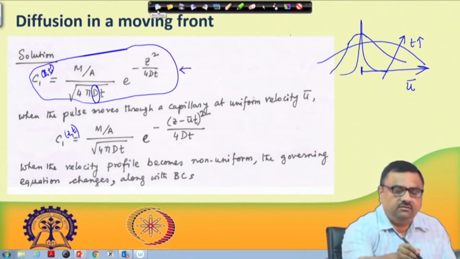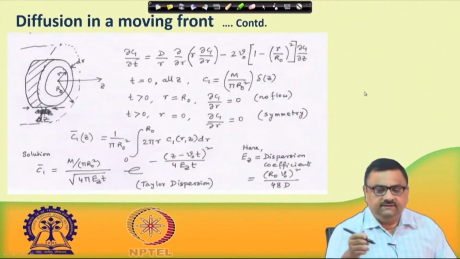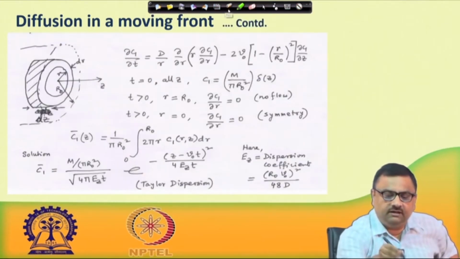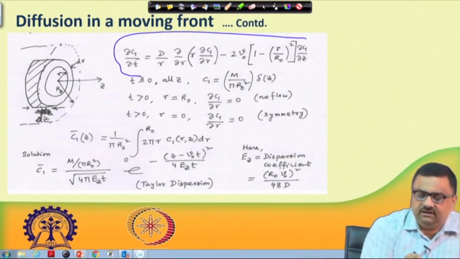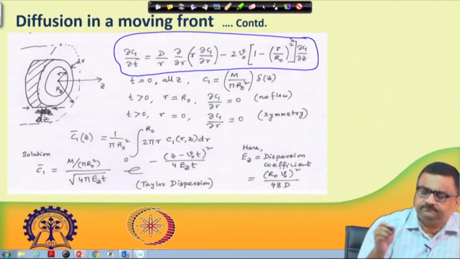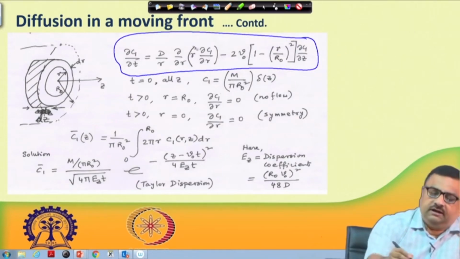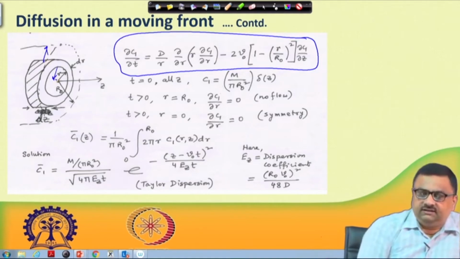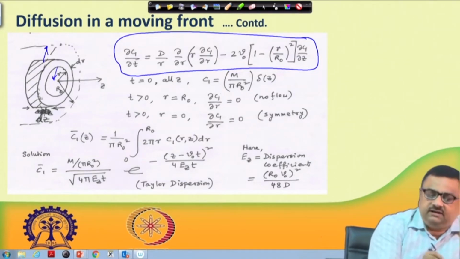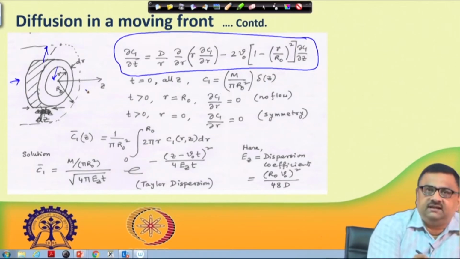Now we had talked about Taylor dispersion. We have already talked about this governing equation. It includes radial diffusion, that means diffusion in the r direction, and convection in the z direction, meaning flow is continuously taking place in this direction.